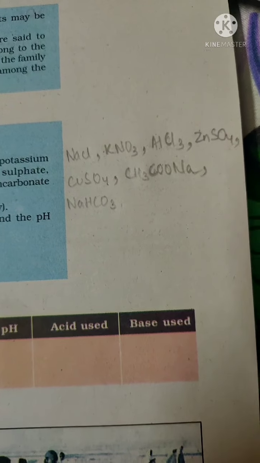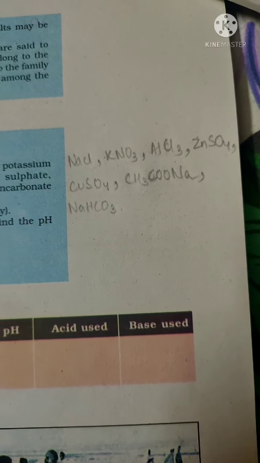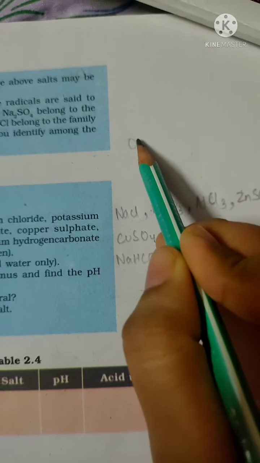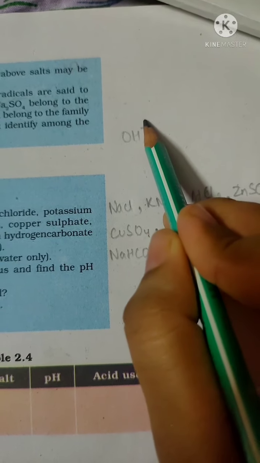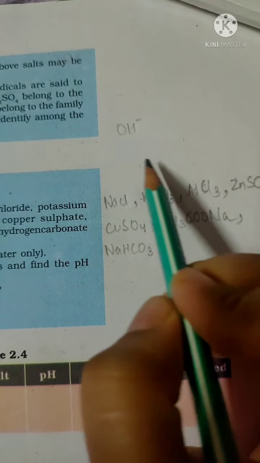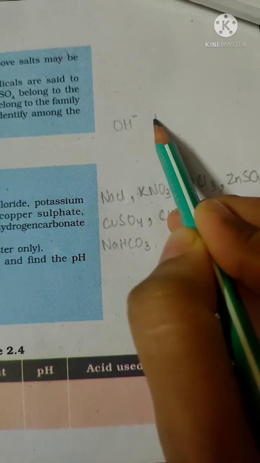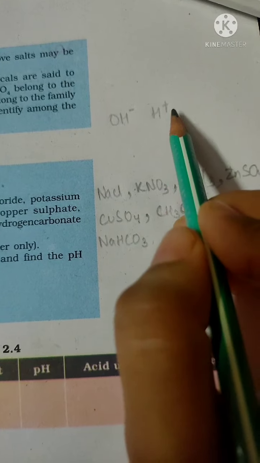How will we understand that? If the concentration of OH minus in water is more, that particular solution is basic. And if the concentration of H plus in water is more, then that particular solution is acidic.